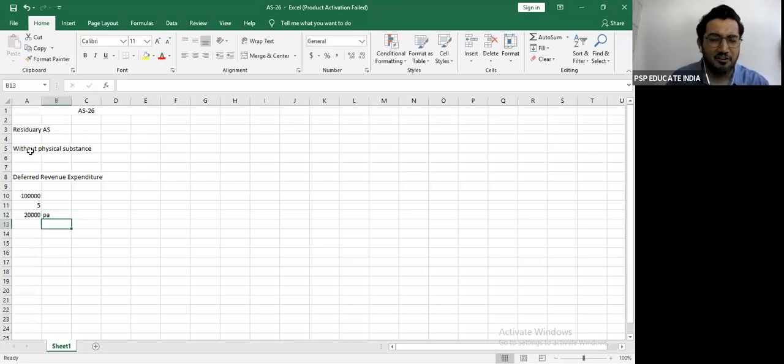Now this deferred revenue expenditure concept is also closed by accounting standard 26. You cannot now have a deferred revenue expenditure concept. So accounting standard 26 also brought an end to the deferred revenue expenditure concept.